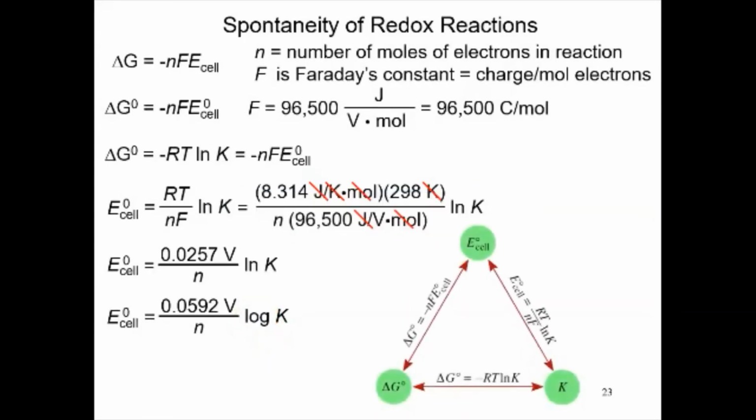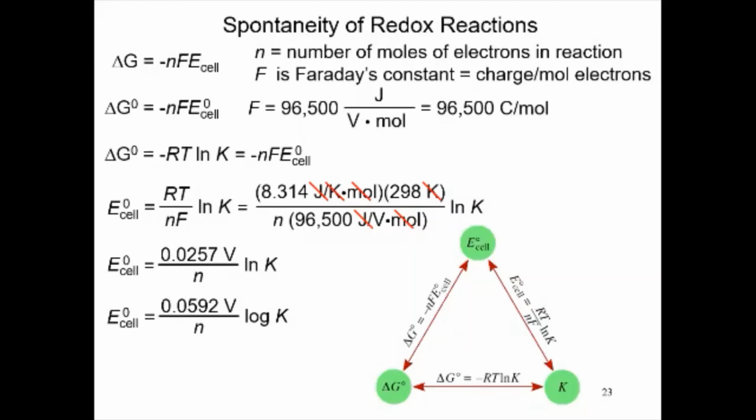So we can build a triangular set of connections between delta G, the potential of the cell, and the equilibrium constant. And in between those, you can see the equations that connect them.